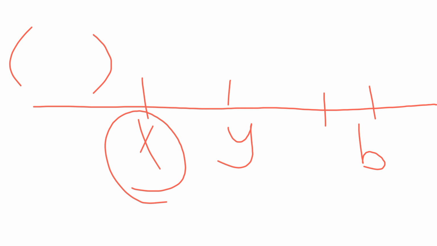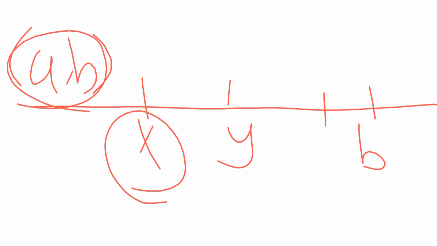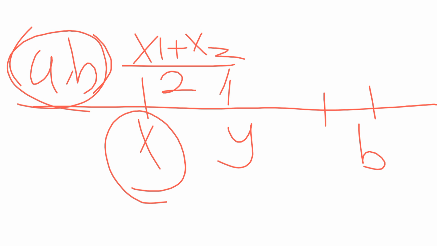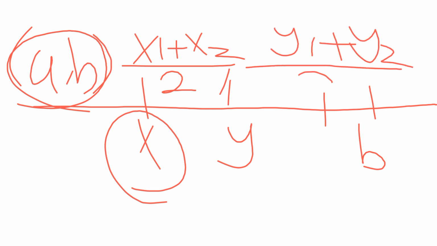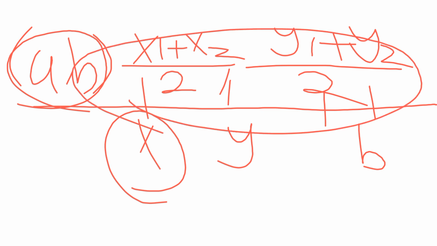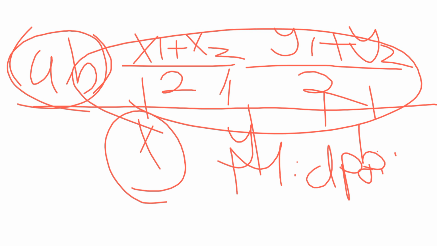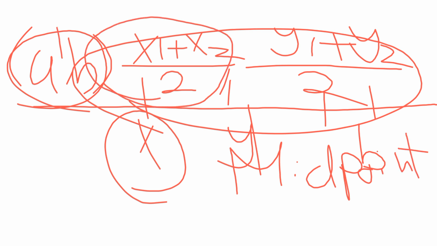The points I can get are a and b, so what I have to get is x1 plus x2 over 2 to find the midpoint, or y1 plus y2 over 2. In this statement, I get my midpoint, which is x1 plus x2 over 2 or y1 plus y2 over 2.